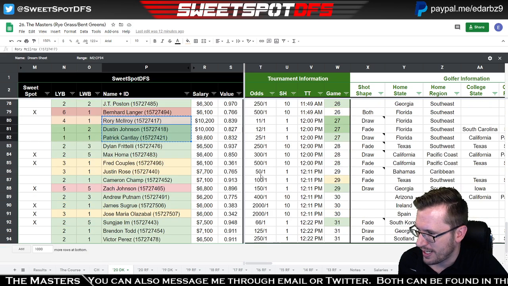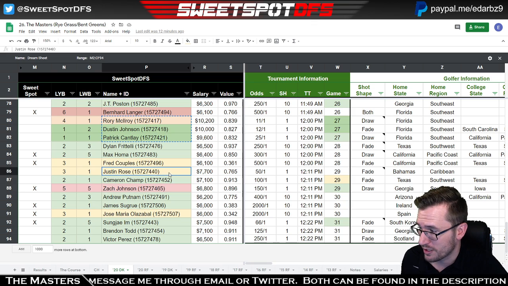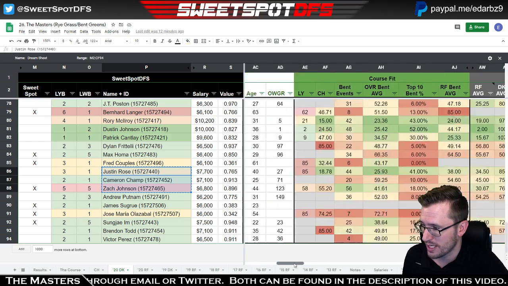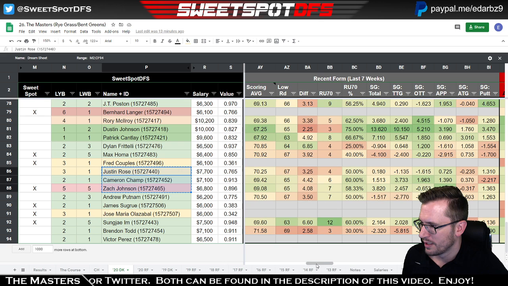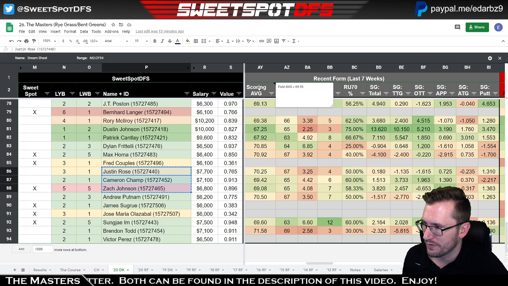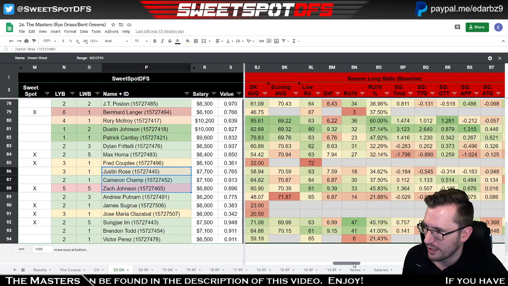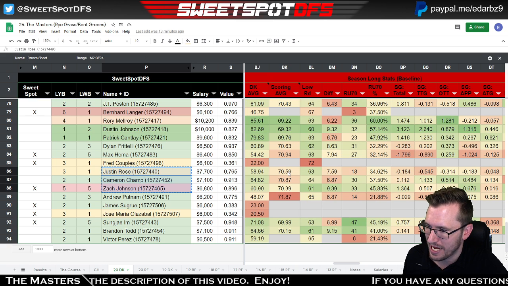Let's finish this out. Cameron Champ and Zach Johnson and Justin Rose. So this is obviously a group I like. Justin Rose does not have the scoring average that you would want. Let's see, 70.25. Field average is 69.95. So he's just over that. And scoring average altogether, 70.49, 70.59.